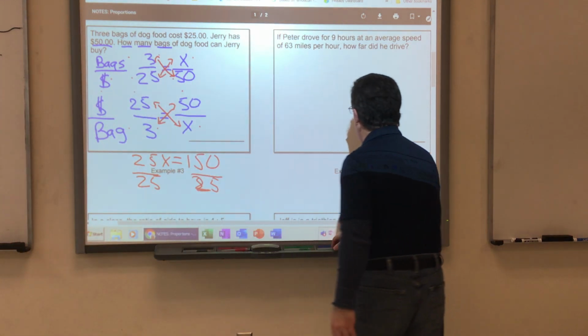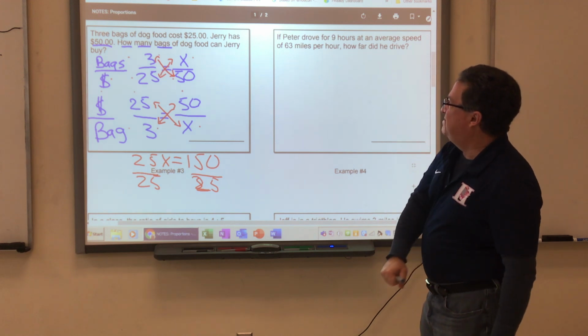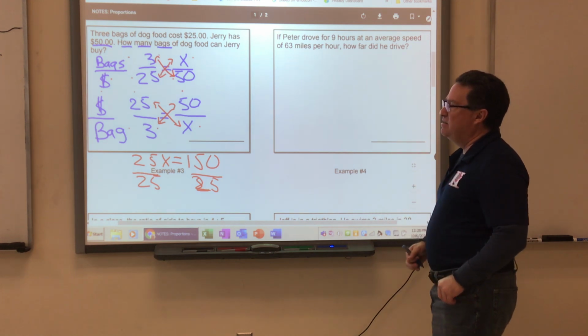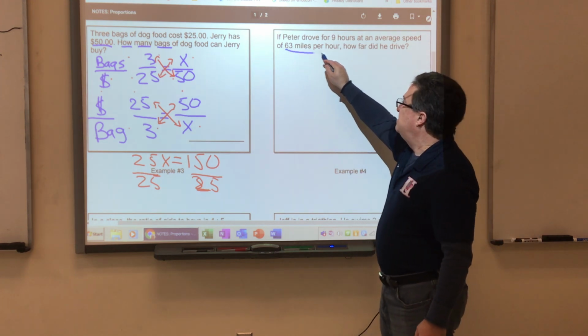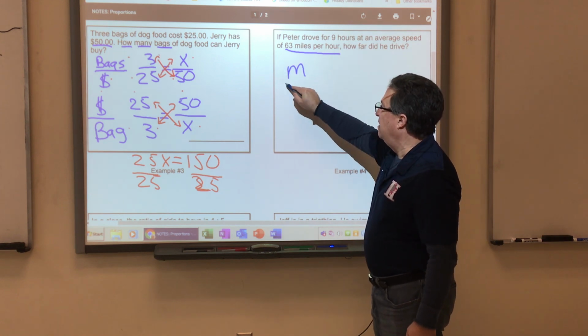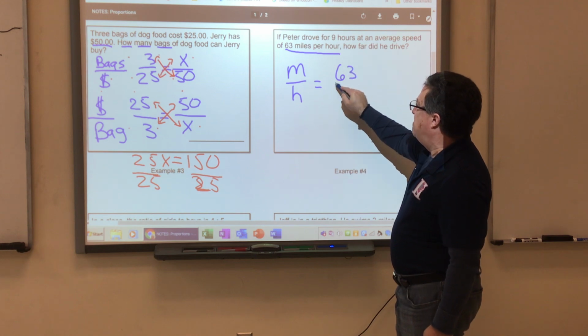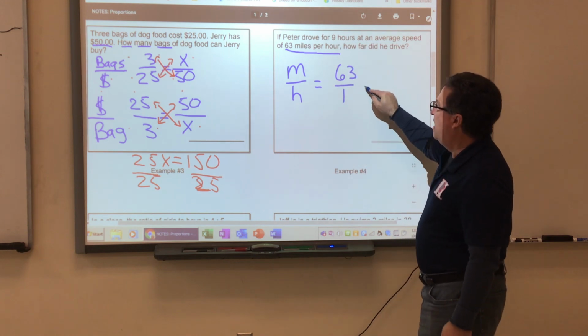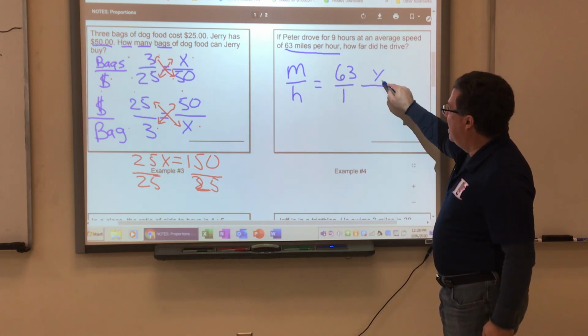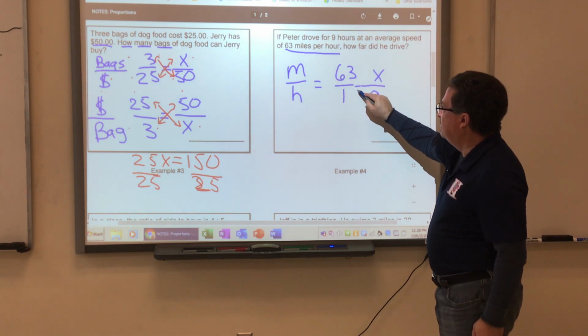Next, if Peter drove 9 hours at an average speed of 63 miles per hour, how far did he drive? Well, there's my word statement. Miles per hour. I drove 63 miles in 1 hour. I want to know how many miles in 9 hours.